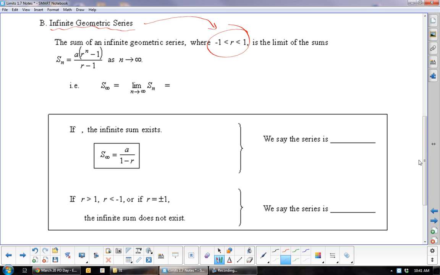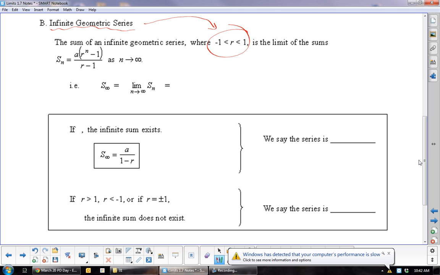When you have a sequence where by the end, every little number that gets added on is so small it's not changing the total, your sum doesn't change. So when your r is between negative 1 and 1, those numbers stop making a difference. If r is greater than 1, those numbers keep getting bigger and bigger, so you're never going to be able to find the sum.